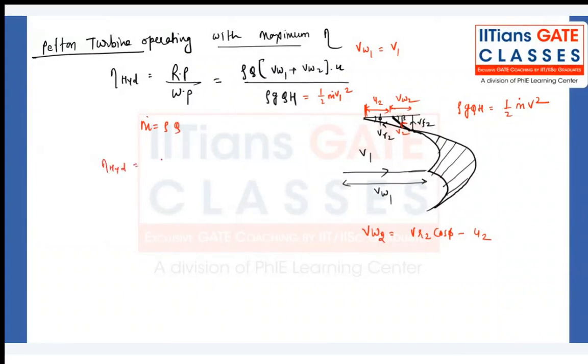So hydraulic efficiency can be written as rho q (v1 plus vr2 cos phi minus u) into u. u2 is equal to u1, which is equal to u because of tangential flow.